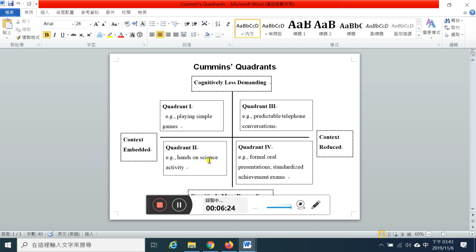We call it hands-on activity. For example, when I teach any abstract concept, I try to provide tables, or a discussion sheet. I try to provide activities to help you brainstorm ideas with each other, and then you generate your own ideas, and then we share the answers together with the whole group.